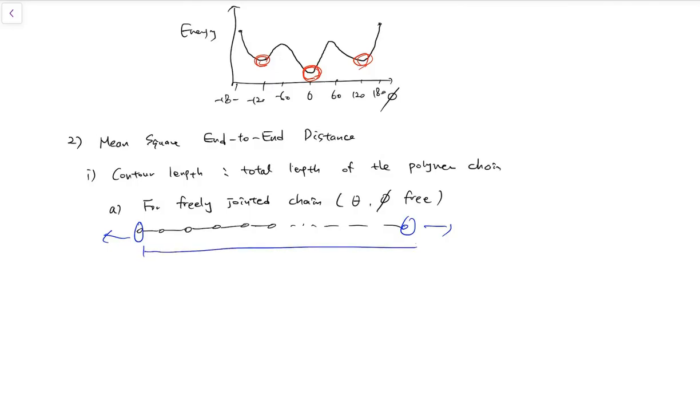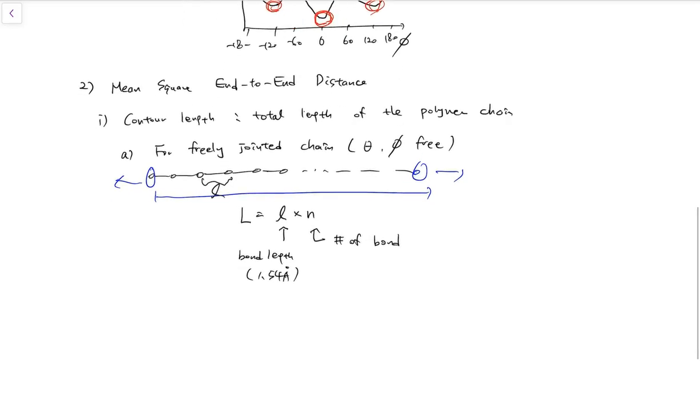Then the overall length of the polymer chain would be simply the length of each bond, the bond length times the number of bonds, the number of chemical bonds. Okay? So for example, bond length is like 1.54 angstrom. For freely jointed chain, we can say that, but in reality, polymer chains are not freely jointed.